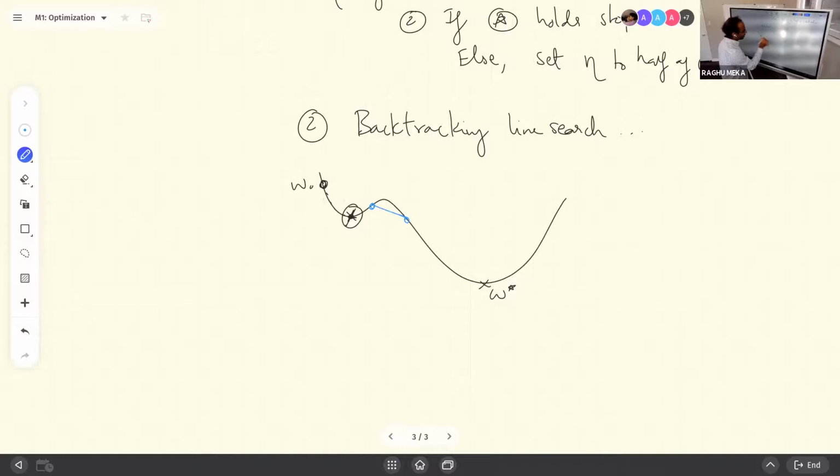If I draw this chord, you can see that the function is above the chord. So this is not convex. Basically the reason convexity is useful is because it precludes such double dips in your curve. And what it technically means, as we'll see, is that a local minimum is also a global minimum, right?